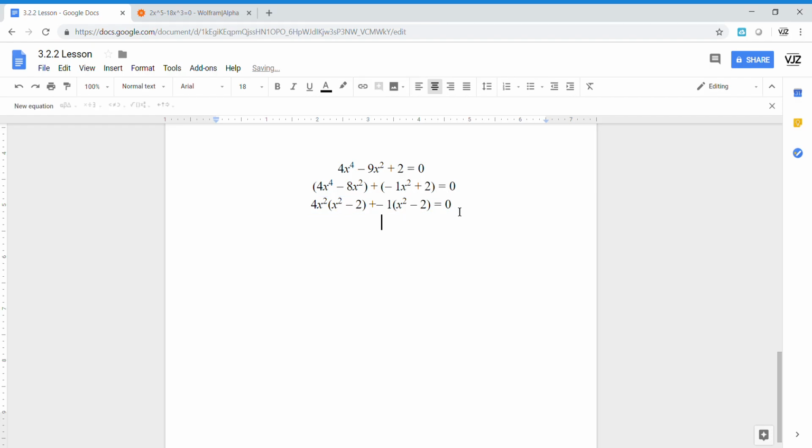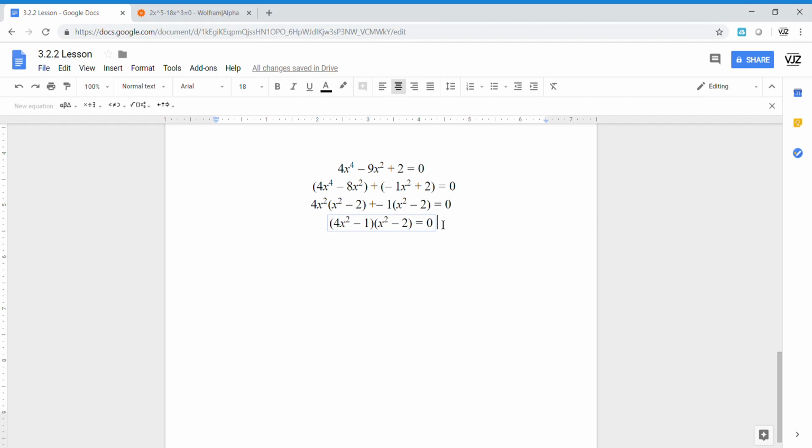Now we have a sum or difference of squares, which is a lot to say, but again, it's quartic. What do you expect? So, x squared minus 2 equals 0.